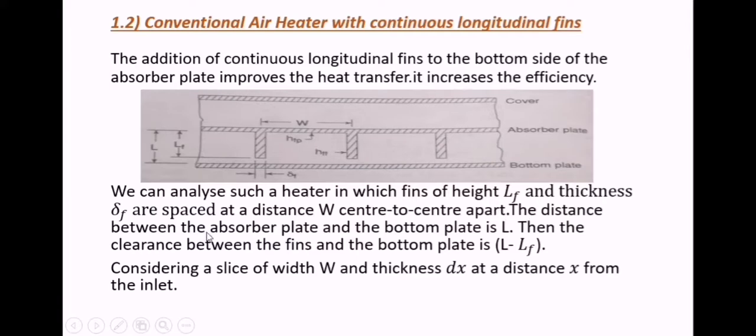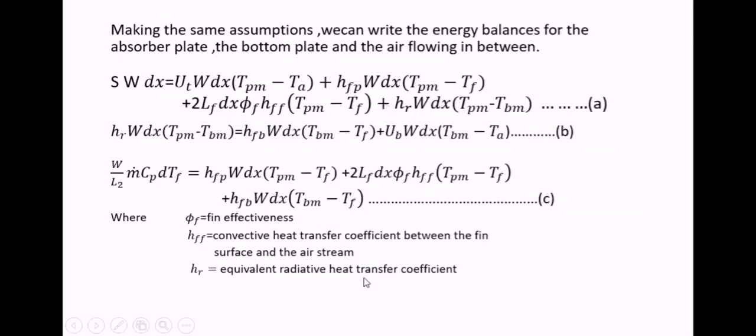The distance between the absorber plate and the bottom plate is L. Then the clearance between the fins and the bottom plate is L minus LF. Considering a slice of width W and thickness dx at a distance x from the inlet.